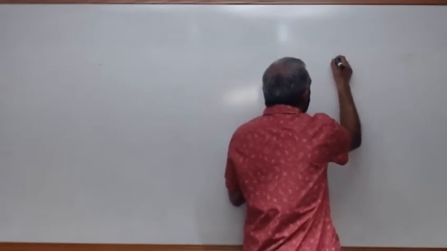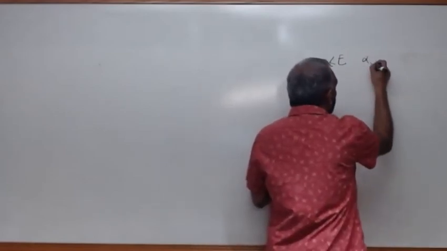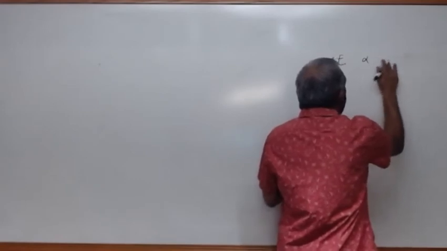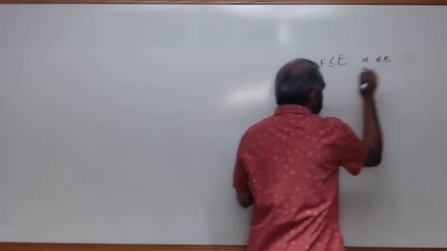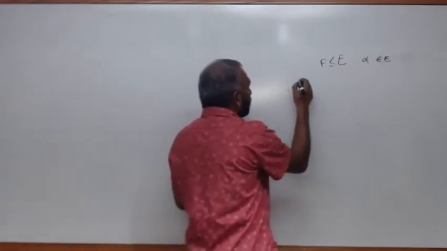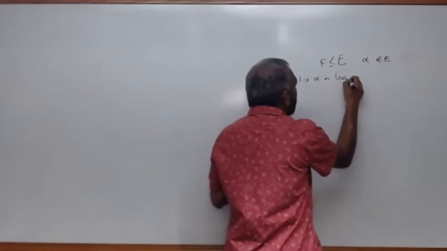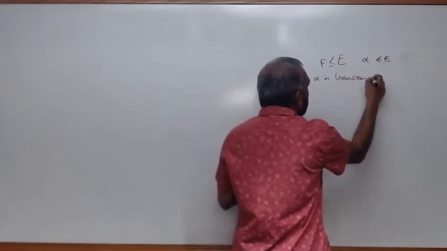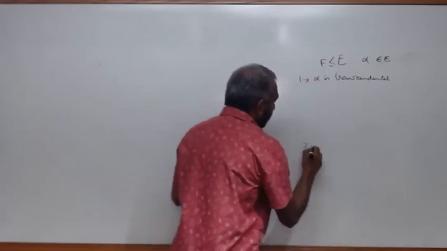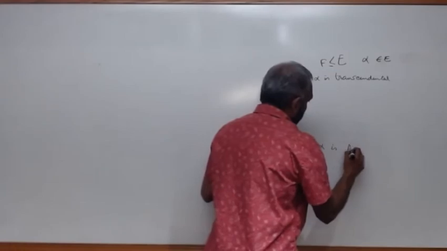E is an extension of F, and alpha belongs to E. So there are two cases here. One is alpha is transcendental. Second one is alpha is algebraic.